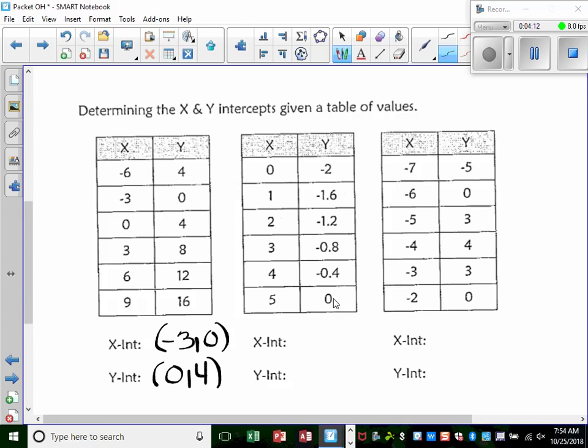I'm going to look where y is 0, x is 5. Y-intercept, I'm going to look where x is 0. What is y? -2. And then the last one, I'm going to look where y is 0 again and x is -6.